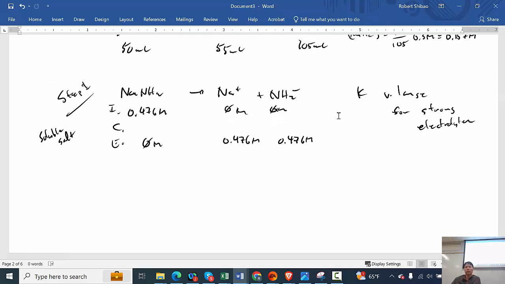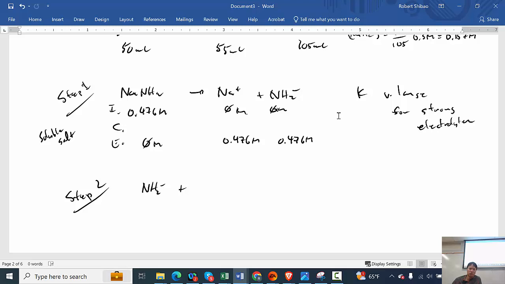All right. We have other very large Ks. So sodium acetate is also a very large K, but we're just going to stick with this for right now. In my step 2, I have amide, and so you have to recognize that amide is a strong base. So what's the strongest acid present?